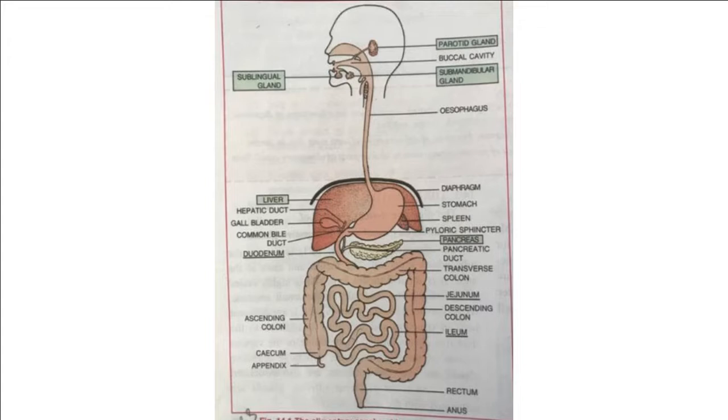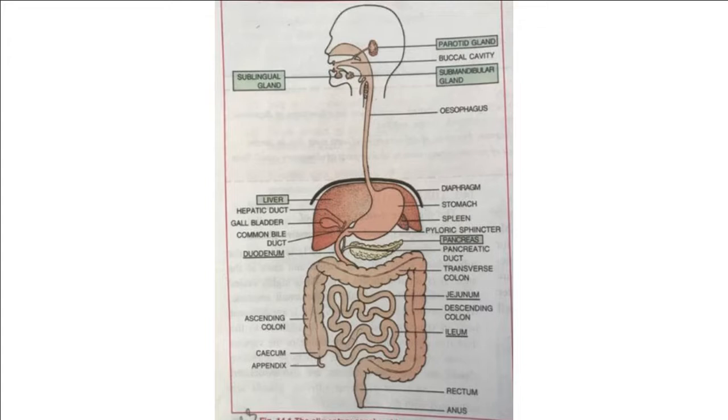Then food will get mixed with the saliva secreted by these 3 glands, the liquid which gets mixed with the food in the buccal cavity.